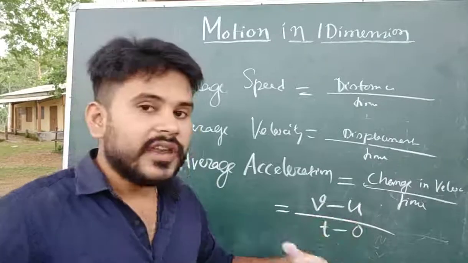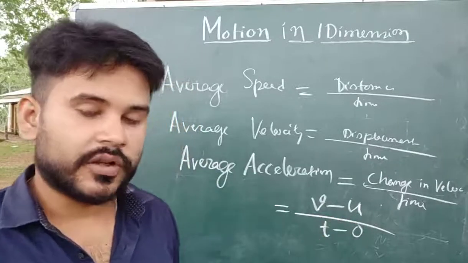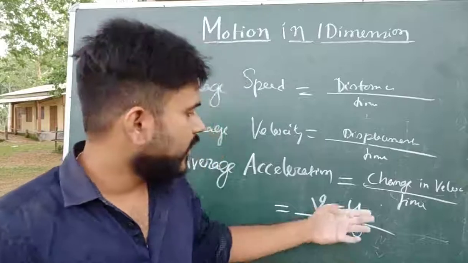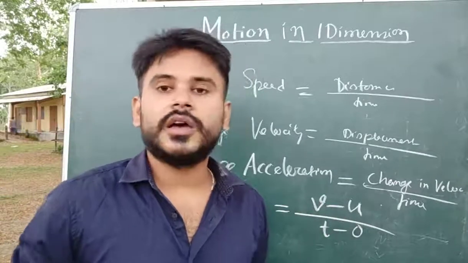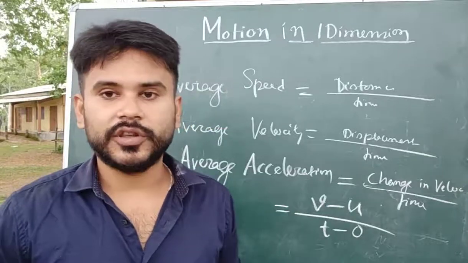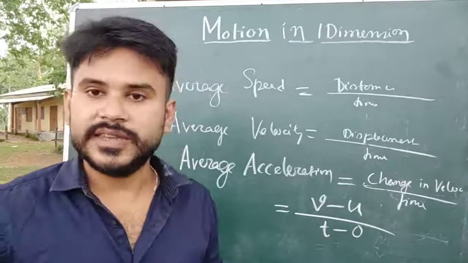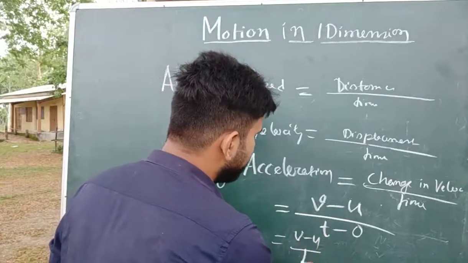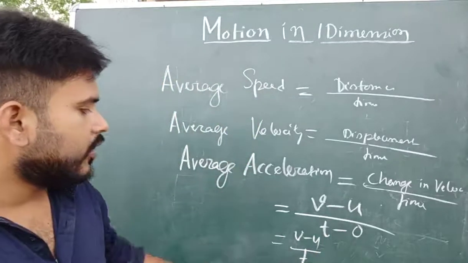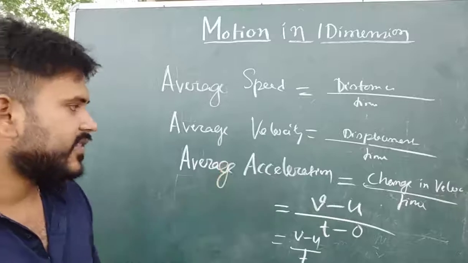Then u is called the initial velocity because it is the velocity at time t equal to 0, and v is called the final velocity because it is the final velocity of the bike at time t. Then (v minus u) divided by t, we will call it average acceleration.